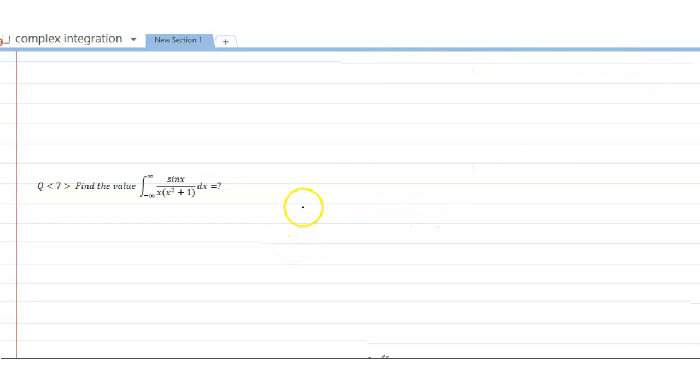Next problem is sin x divided by x into x square plus 1.